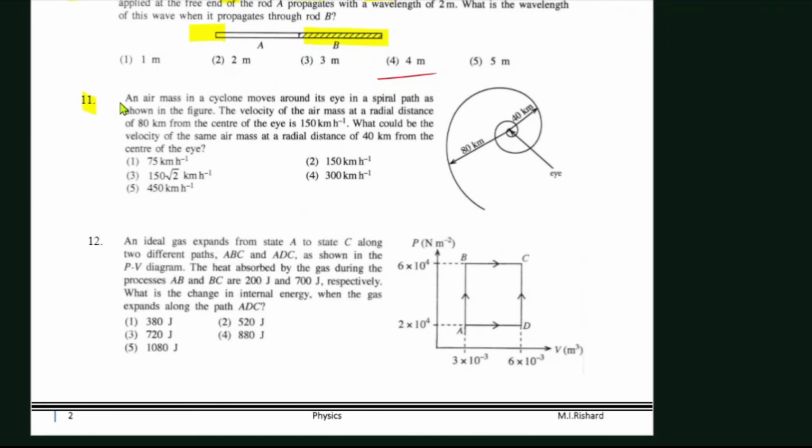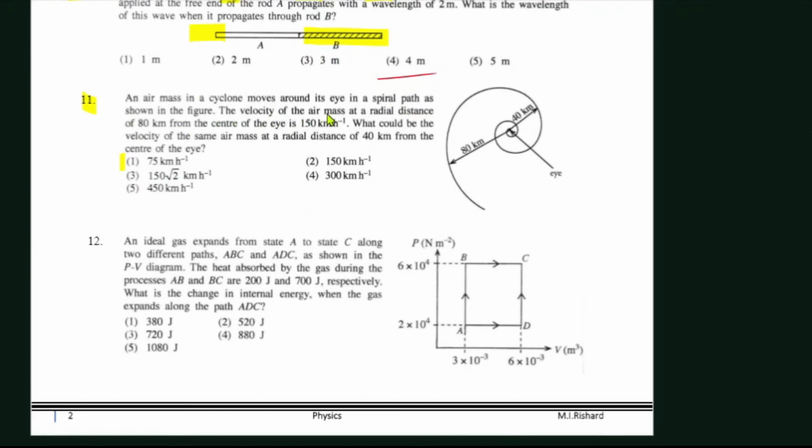So okay guys, let us discuss the 11th problem. This is a circular motion problem. Let's see what it says. An air mass in a cyclone moves around its eye in a spiral path as shown in the figure.